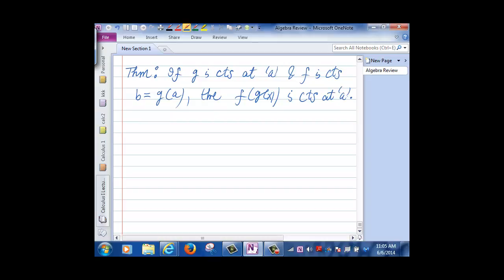Okay. So the inside function is continuous at a and the outside function is continuous at g of a, then the composition will be continuous at a.